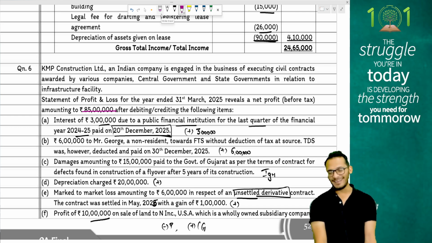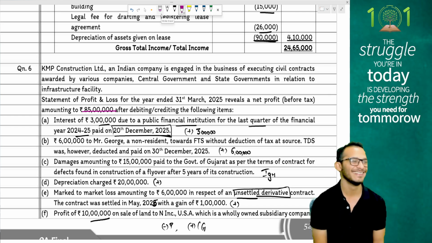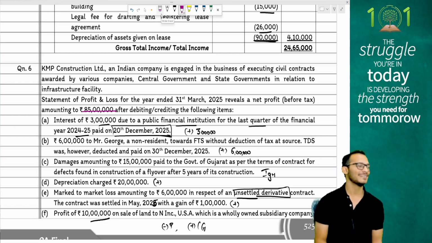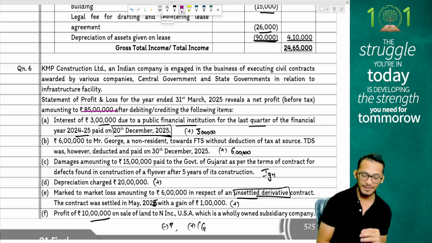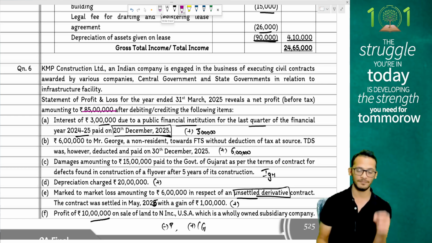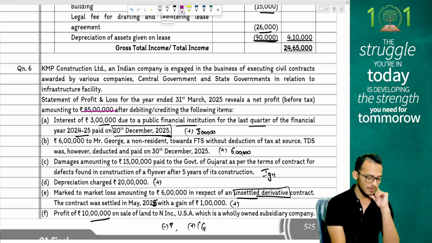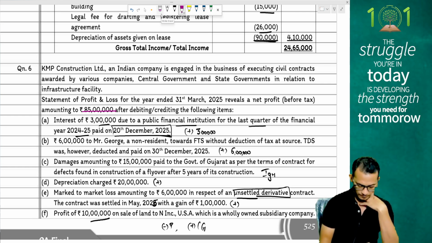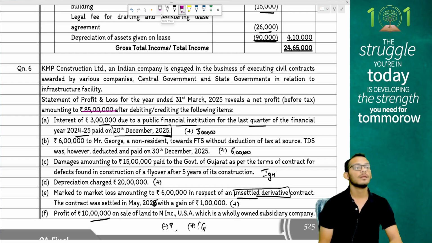In the given case, payment to government of Gujarat is under the terms of a contract, and hence is not covered above.